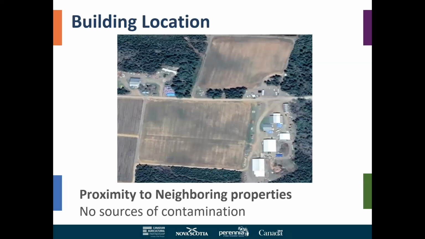So building location. Some things to consider is, are there any sources of contamination? So do neighboring properties, is there a potential for contamination? Is the area where your farm is located subject to floods or prone to infestation of pests because it's heavily surrounded by trees and areas like that?